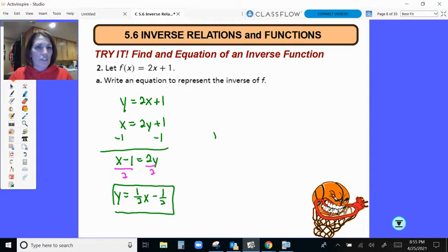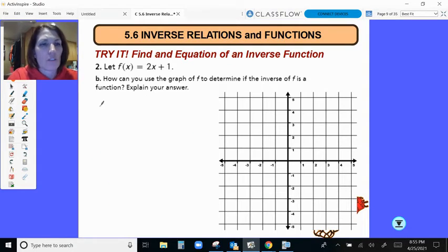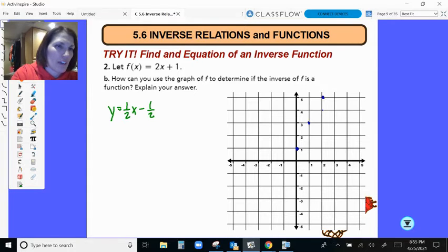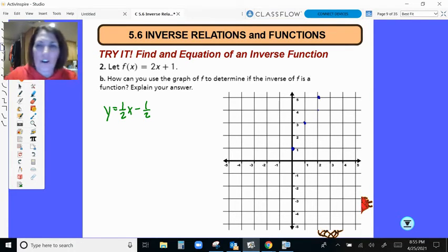Okay? So if we come over here, we had our y equals 1/2 x minus 1/2. So how do we graph that and see what it looks like? How can you use the graph to determine if the inverse of f is a function? So we have our intercept of 1, slope of 2 over 1, 2 over 1 right here. And I'm going to get a line here and graph that.